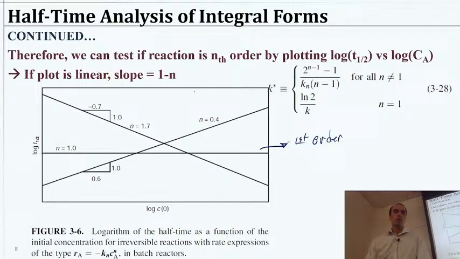So if the slope is, let's say, negative 0.7 over 1, then 1 minus that is an n value of 1.7. Have to subtract the negative there. Or if you're rising 1 for every 0.6 you're going, as in this case, then our n comes out to be 0.4. Somewhere between a 0 order and a first order. Okay?